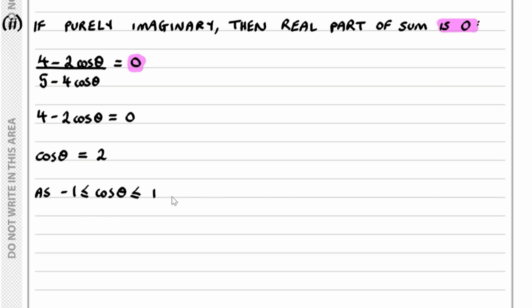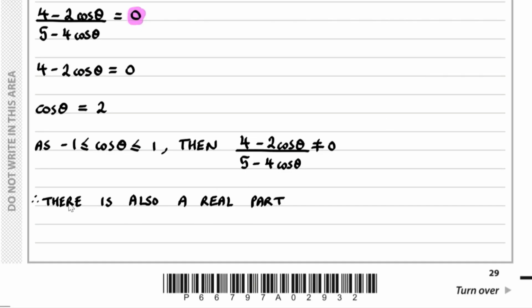And because of that, we can say (4 minus 2 cos theta) over (5 minus 4 cos theta) cannot equal 0, which means the real part must exist. So, because there's also a real part, we can conclude that the sum cannot be purely imaginary.